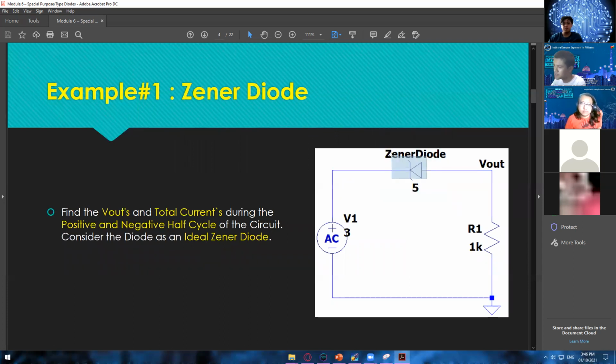So here is a Zener diode, and it has a rated voltage of 5 volts. It is asking us to find the V out and the total current during the positive and negative half cycle. Okay, and this one is an ideal Zener diode. So during the positive half cycle, will this become a forward bias or reverse bias?